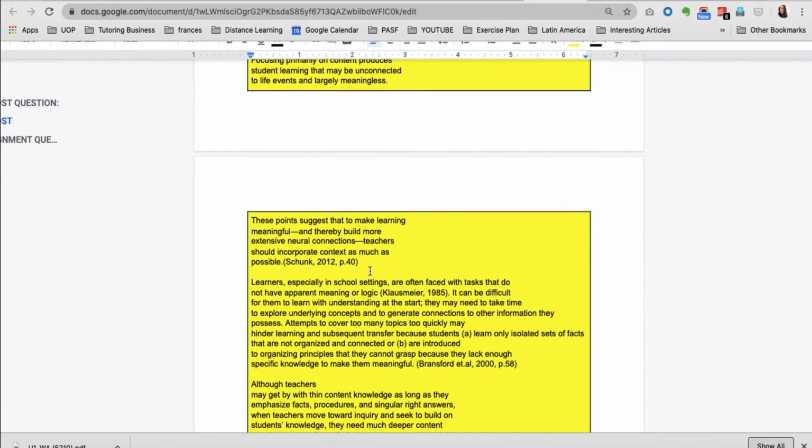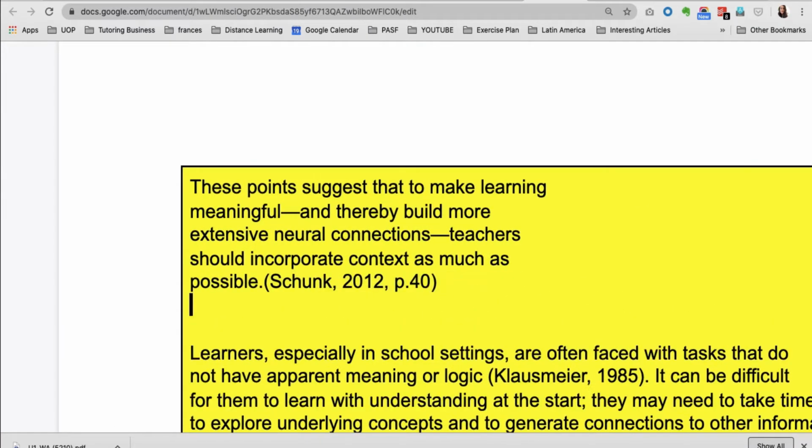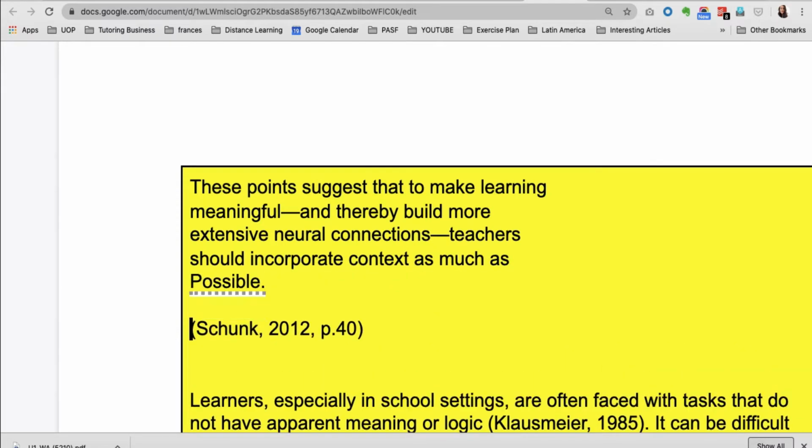And I mentioned this in the other videos as well. These are my in-text citations. So this is how it should look like for in-text citations when you paraphrase.